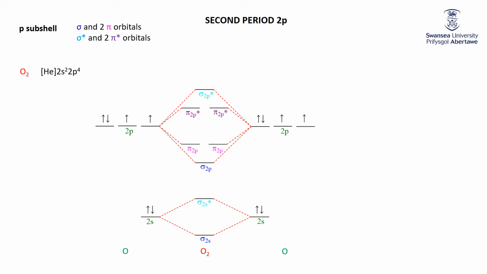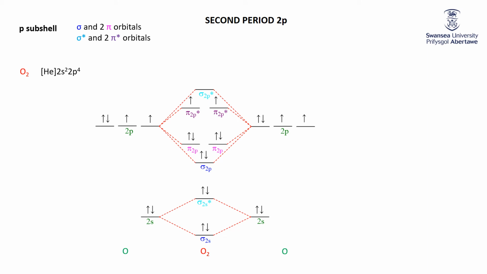Now let's think of O2. We've got 12 electrons to put in. So 2 and 2 each in the sigma 2s and sigma 2s star, and 2 more in the sigma 2p. Now let's count these. 7th, 8th, 9th, 10th. Remember, they go in individually according to Hund's rule. Still got 2 more electrons.